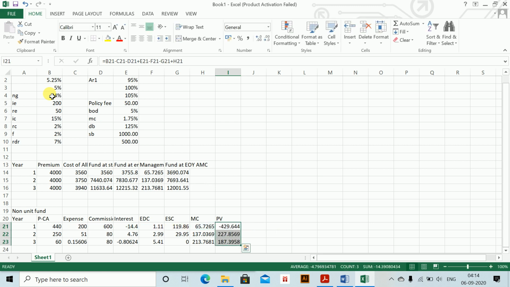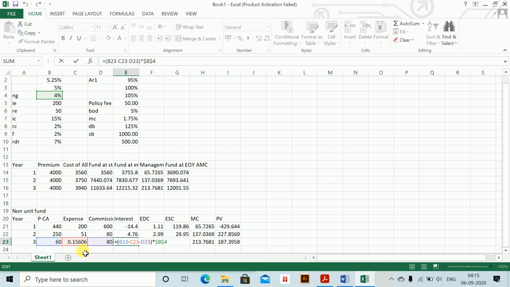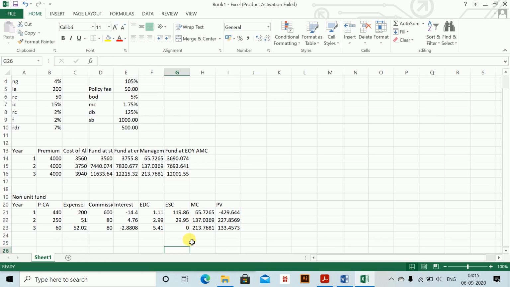So this is my profit vector. B6 is renewal expense. So this is your non-unit fund also.